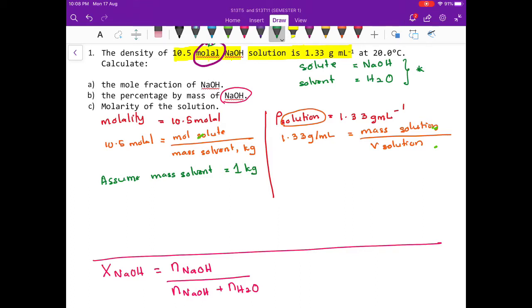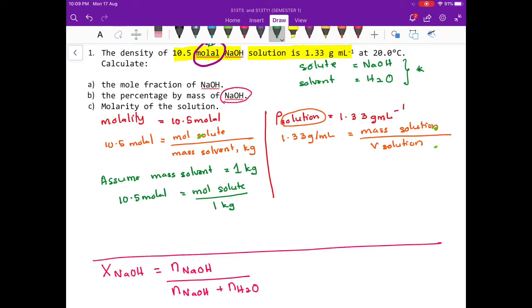What I can get from this assumption is, when I insert 10.5 molar is equal to mole solute over 1 kg. Do we need to convert kg to gram? What does molar mean? Molar is mole per kg.